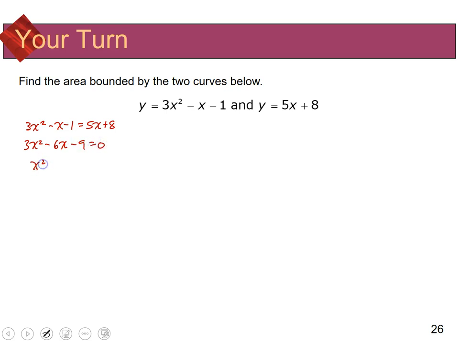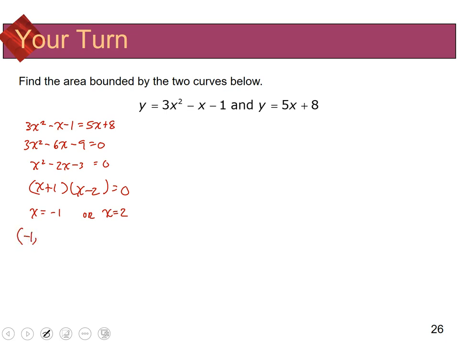Divide both sides by 3. This thing does factor. So I get this, which means that either x has to be -1 to make this equal to 0, or x has to equal 2 to make this product equal to 0.